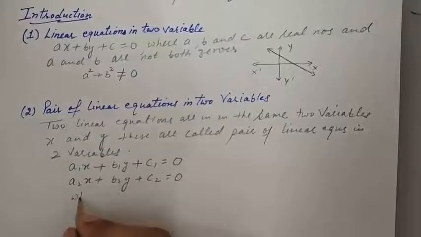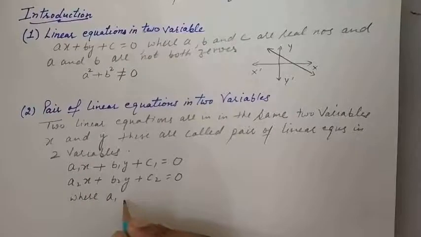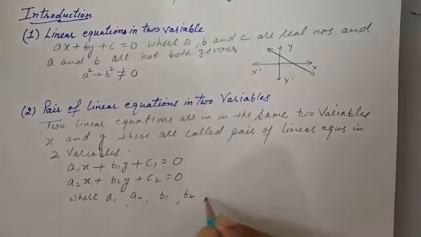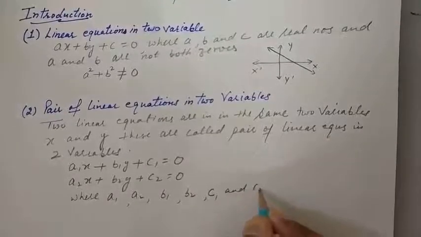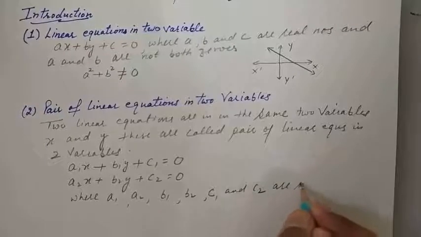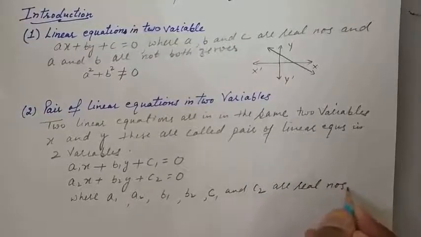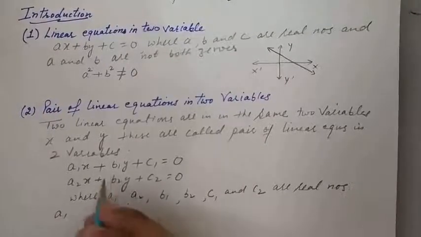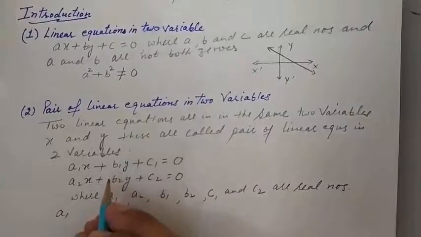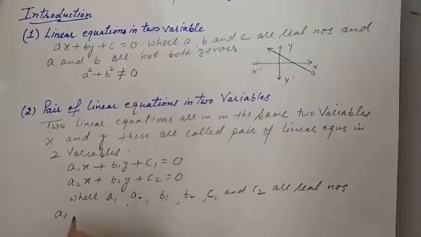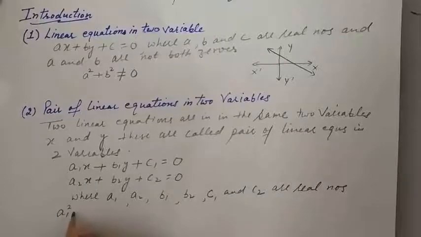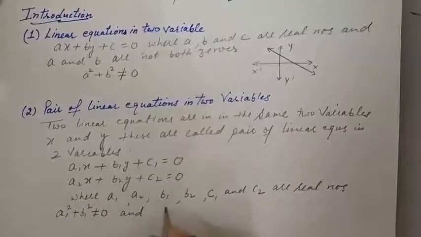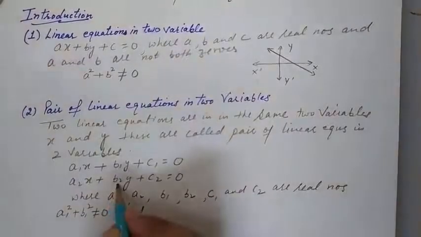We'll write here where a1, a2, b1, b2, c1 and c2 are real numbers, and here again a1 and b1 are not both zeros, or you can say a1 square plus b1 square does not equal 0, and a2 and b2 are also not both 0.